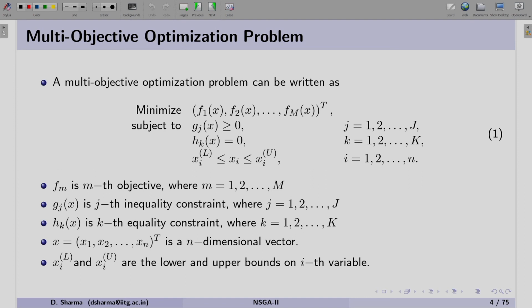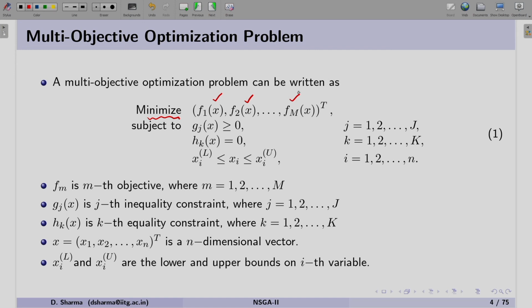As we know, a multi-objective optimization problem can be written as in equation 1, where we want to minimize the objectives. So, instead of one objective, we have multiple objectives.